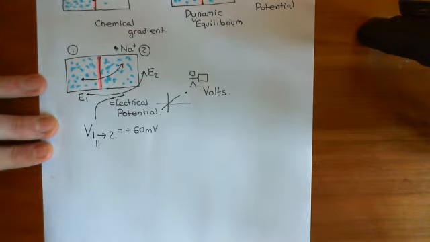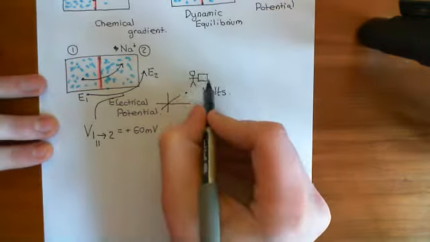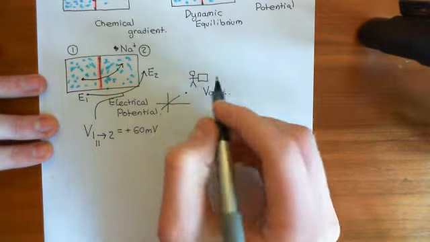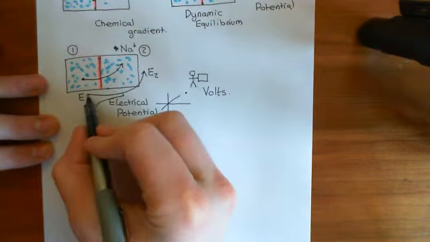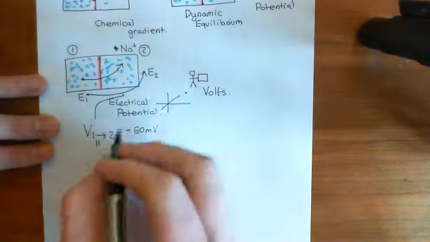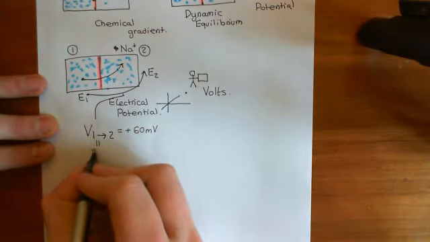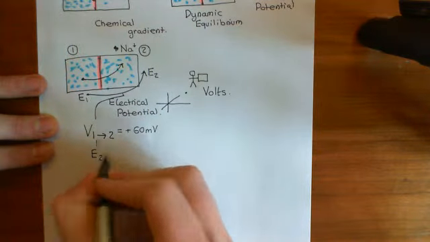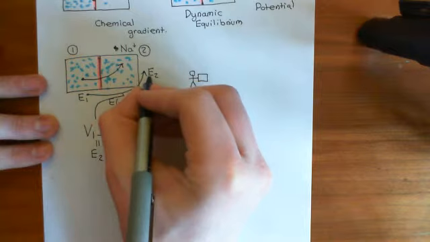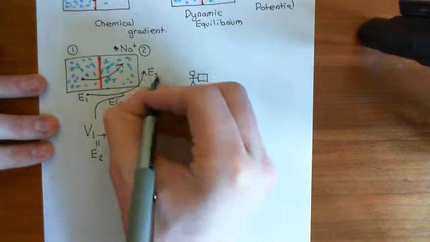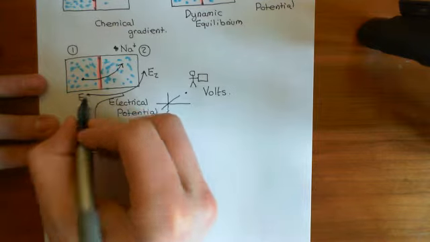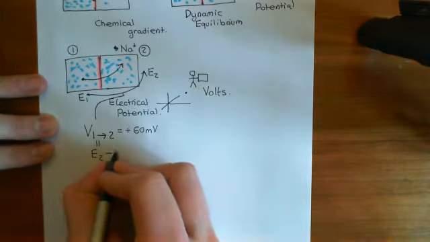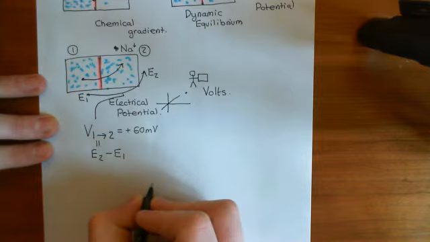Okay, so let's think about how this would actually appear in the form of an equation. We're asking how much would the number change when I move from compartment 1 to compartment 2? Well, this means the new electrical potential, the number on his screen after he's moved, which is of course the electrical potential of compartment 2, subtract the old electrical potential that was on his screen before he'd moved, so subtract E1.